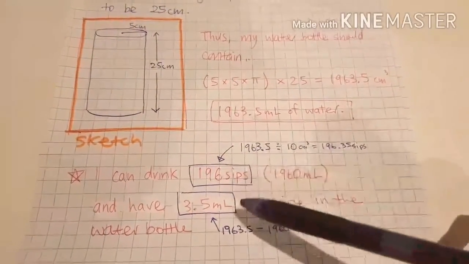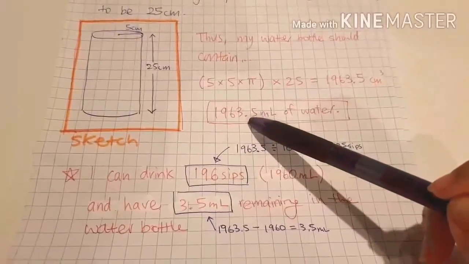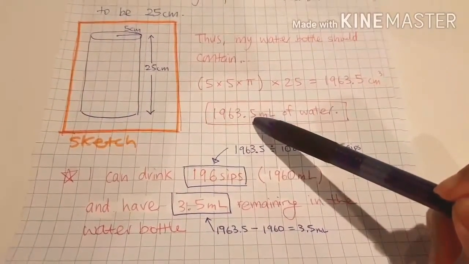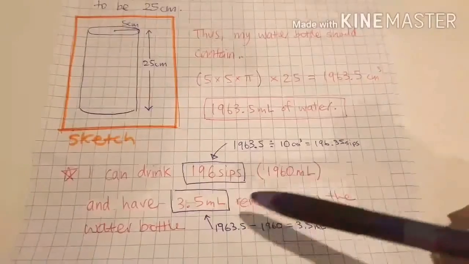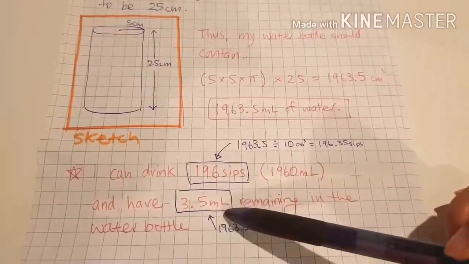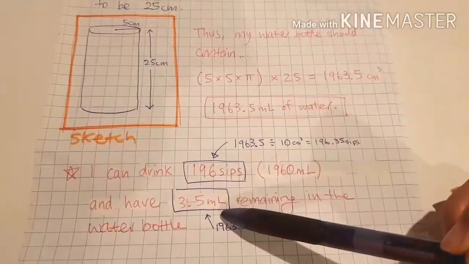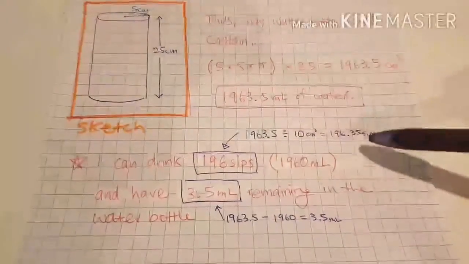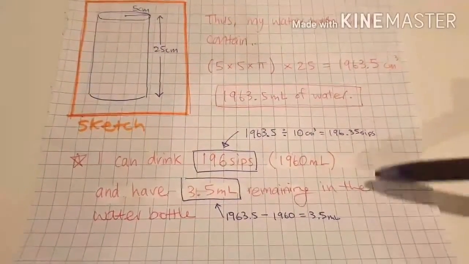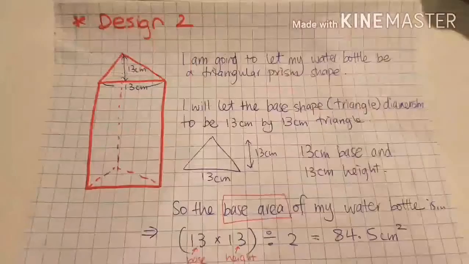And taking off from the entire volume, I will get 3.5 milliliters of water remaining in the water bottle. Okay, so this part is the excellence section.